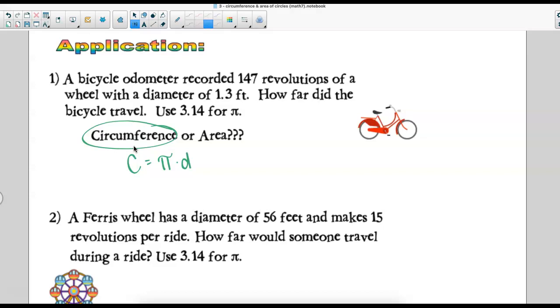So I first of all need to find that. Pi times diameter, 3.14 times the diameter, which is 1.3. So 3.14 times 1.3, rounding to the nearest tenth, you get 4.1 feet.